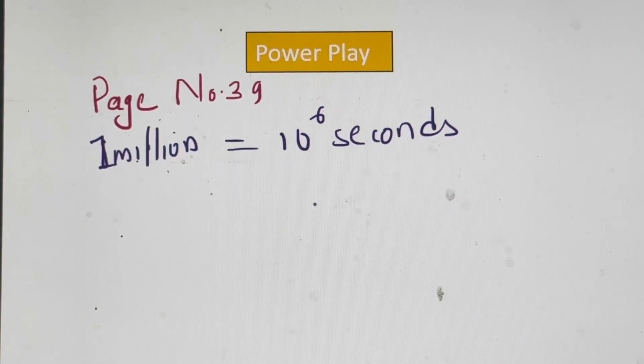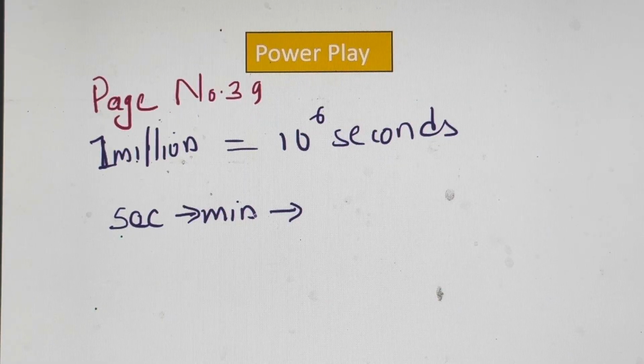So what we'll do, now we are on seconds, the lowest form. From seconds we'll go to minutes, from minutes we'll go to hours, and then comes days. Right? So we are at seconds, then comes minutes, then comes hours, then comes days.